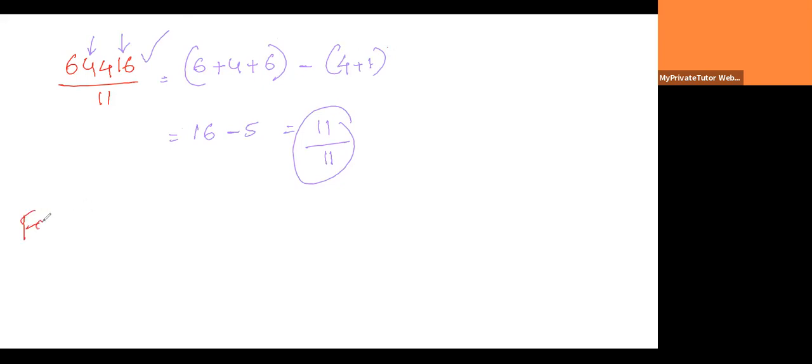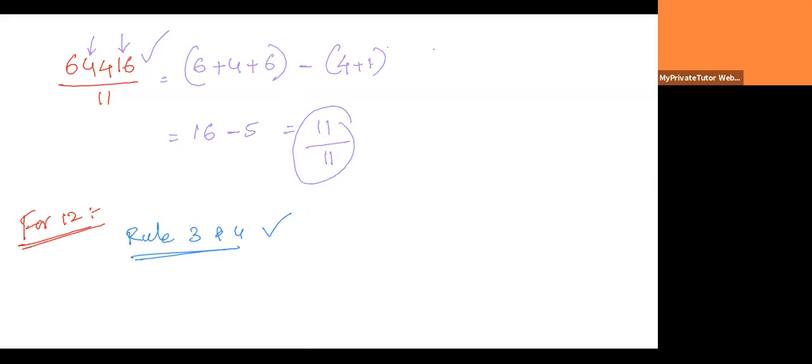So finally, what is the divisibility rule for 12? Again, it's a combination of the divisibility rules for 3 and 4, which means we are going to check the divisibility rules for both 3 and 4.